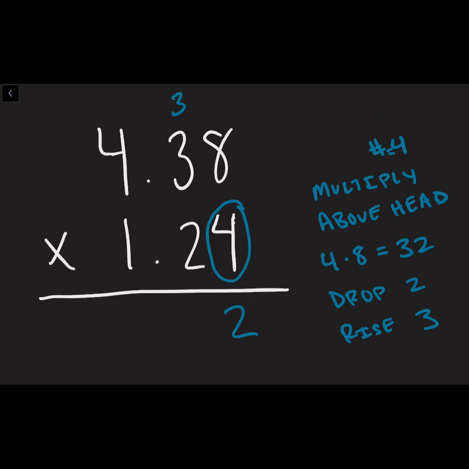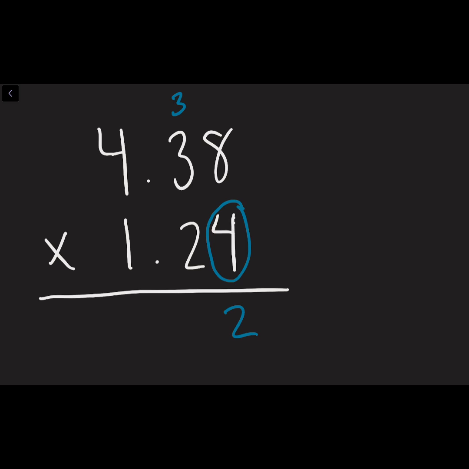Go ahead and erase that. Now we're going to go to our second step. Second step, we're going to multiply diagonal. Multiply diag. Now we're doing 4 times 3.